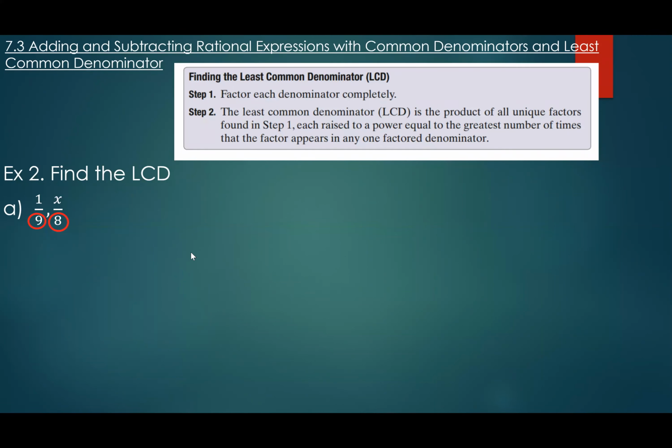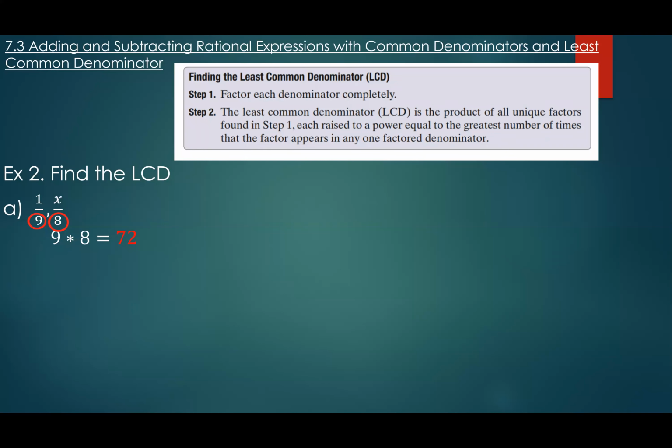All you need to do to find the LCD for this one is take the two denominators and multiply them together. Most of the time when two numbers are consecutive, this is the least common denominator too. If they don't have a common divider, that's what you can do.